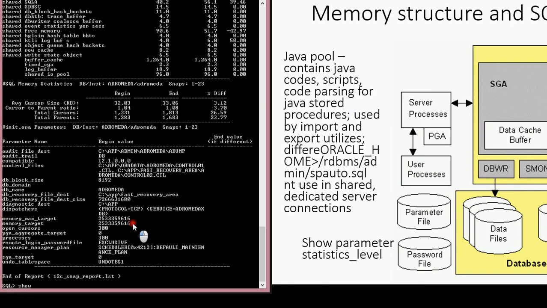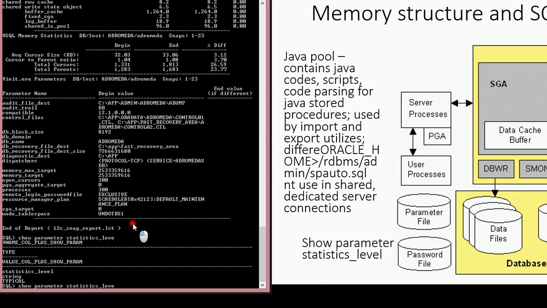You want to type in show parameter statistics_level. Basically, you have two values that can be used for the statistics level parameter. It can either be typical, or it can be all.